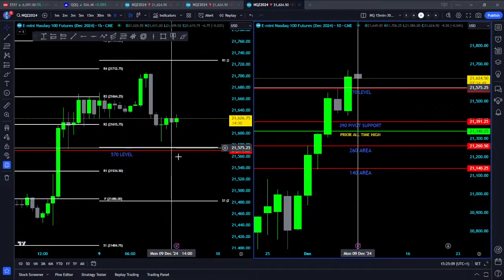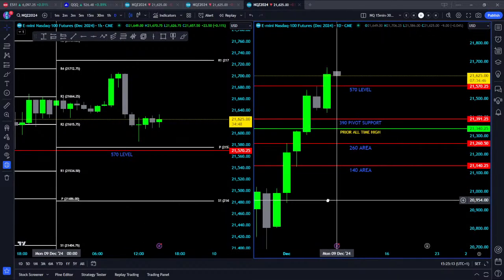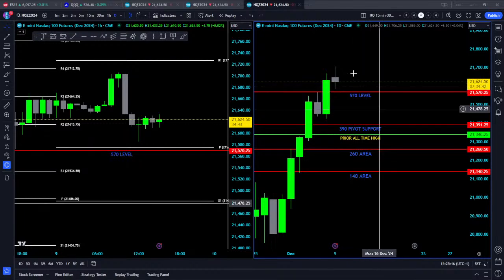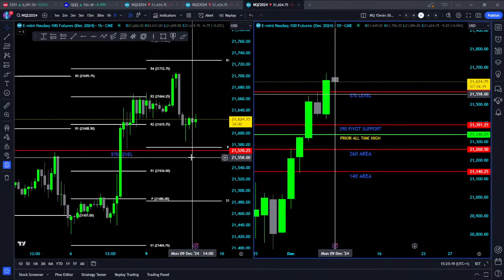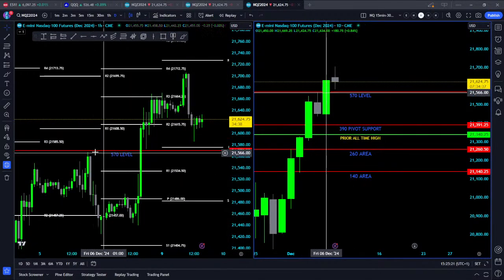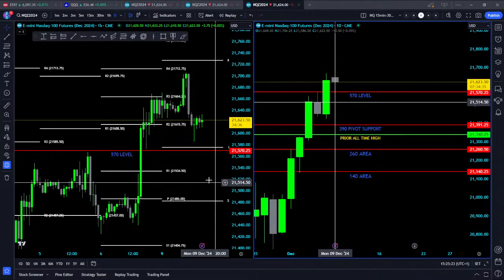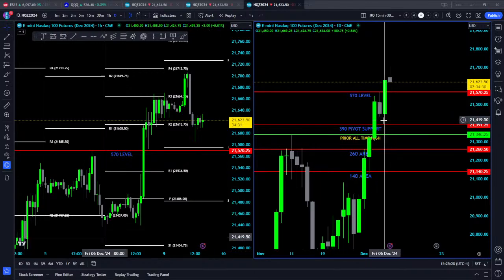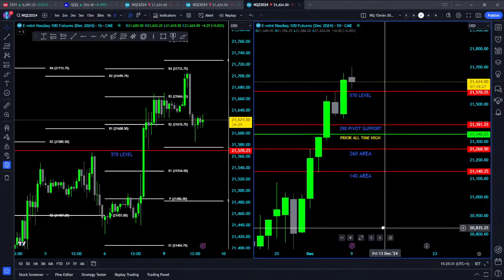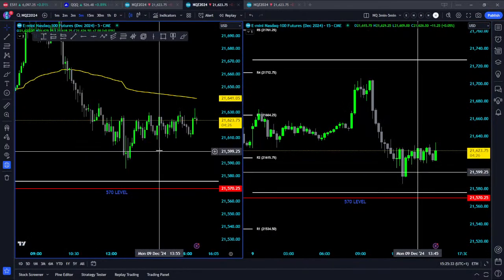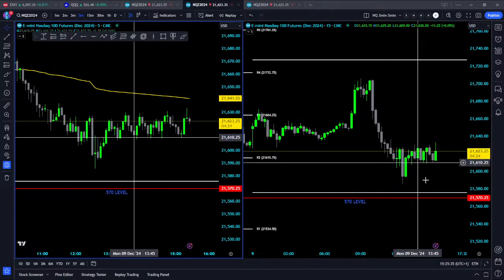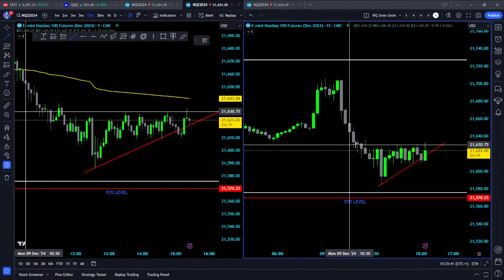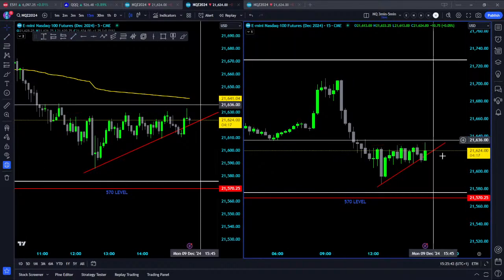We are starting. So, the overall idea that we want to see play today is basically very simple. I marked up some levels on the chart due to what I want to see, this overall 570 level on the Nasdaq right here, which is the prior all-time high. As you can see, we are sitting at the all-time highs. We look choppy, and let's see what's up on the 15-minute chart. We have this overall bear flag forming up as a formation.